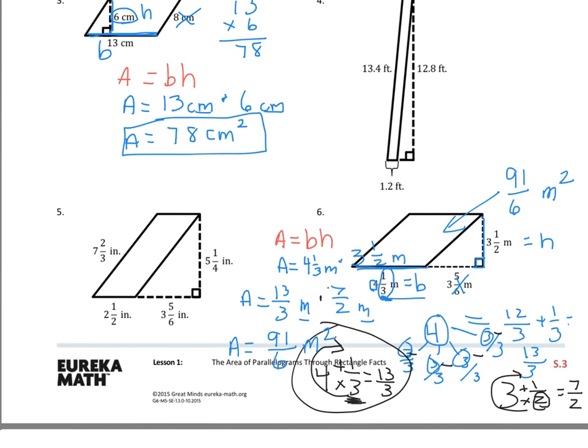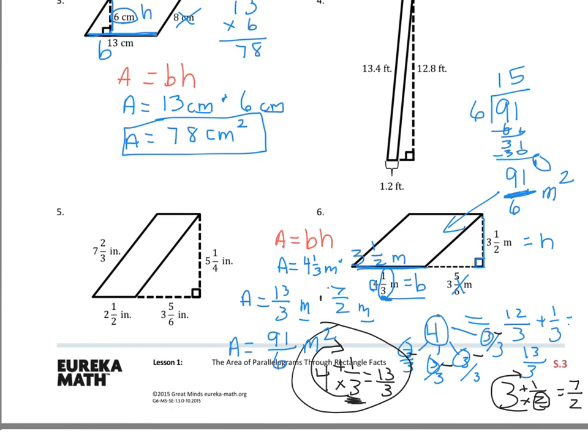But what I want to do now is I want to simplify this out and turn it back into a mixed number. So I know that a fraction is really a division problem. So 91 divided by 6. And I could go into a decimal for this, but I'm not.